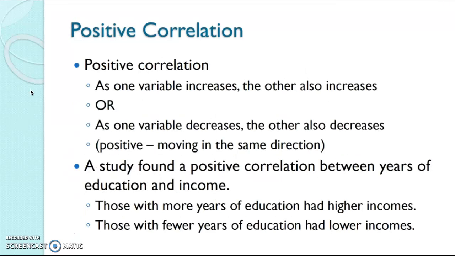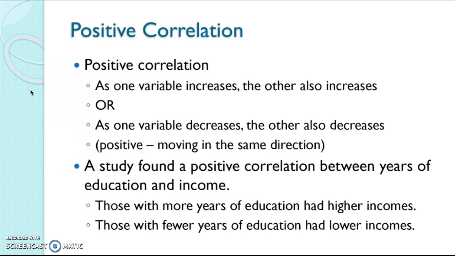Okay, so this is very important. We're talking about a positive correlation. That means that as one variable increases, the other also increases. So as the independent variable increases, the dependent variable also increases. However, it also means that as one decreases, the other decreases.